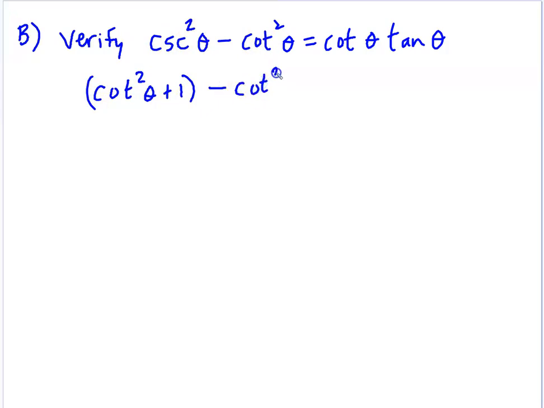And you can kind of see how that's going to be beneficial. And on the right side, these are reciprocals, so that's pretty easy. Cotangent times tangent is just 1. And we can make the cotangent squared minus cotangent squared is 0, and 0 plus 1 is 1. So some of these are pretty nice. They're pretty straightforward.